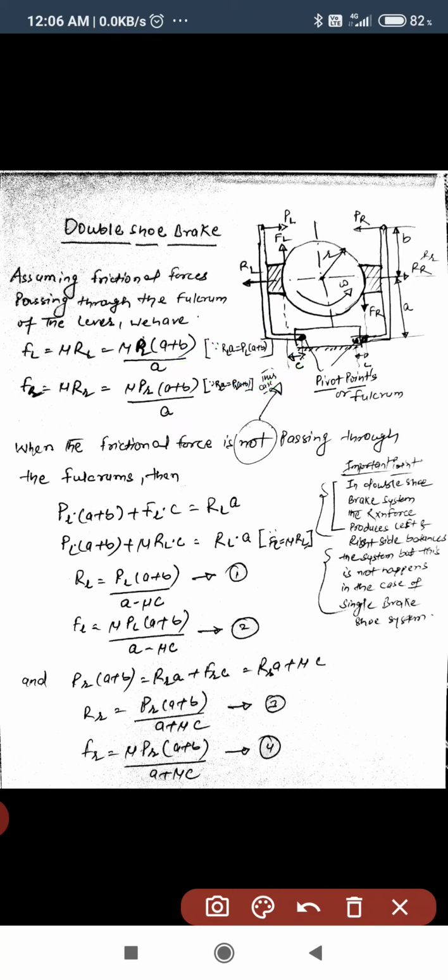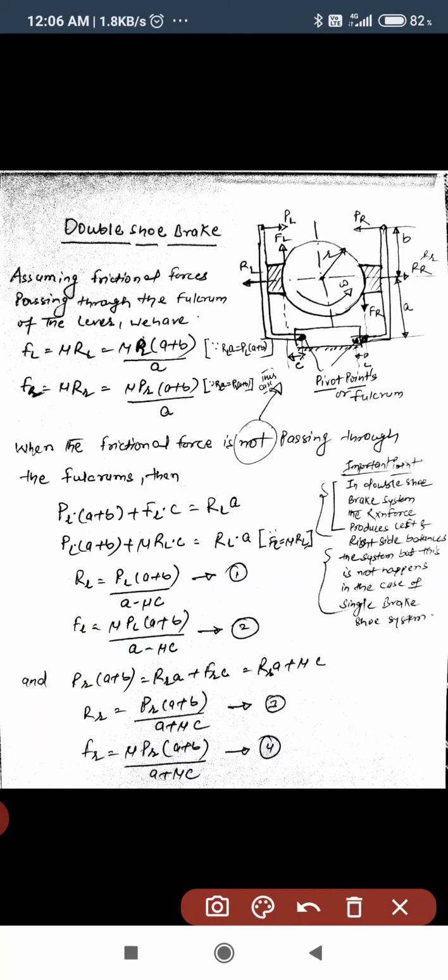By getting all these values and shifting, you will get RL, the reaction force on the left of the drum on the shoe, and FL, the left side frictional force, that is mu PL A plus B upon A minus mu C. A, B and C are the distances, and mu is the coefficient of friction.